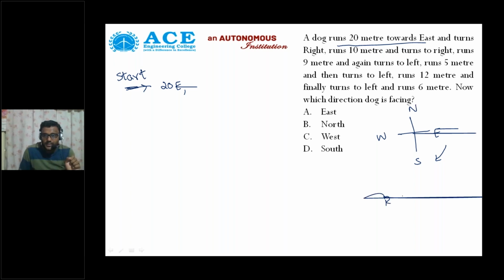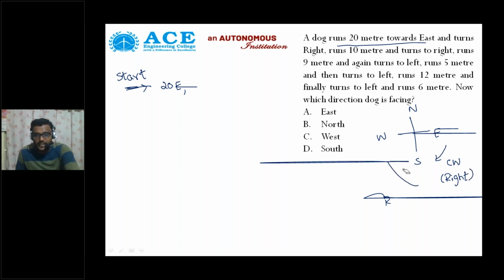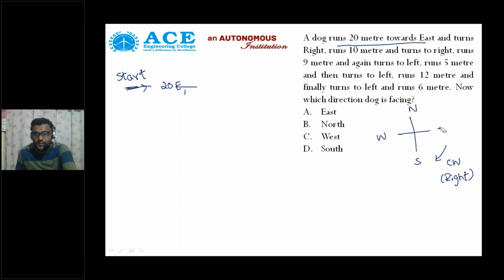Here you just consider clockwise as right, and anti-clockwise as left. If you are going left, it's almost like you are moving anti-clockwise. Right you consider as clockwise.